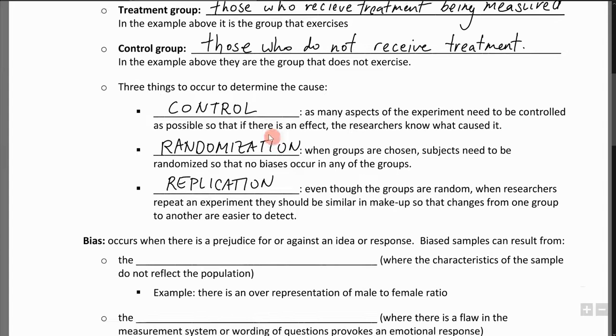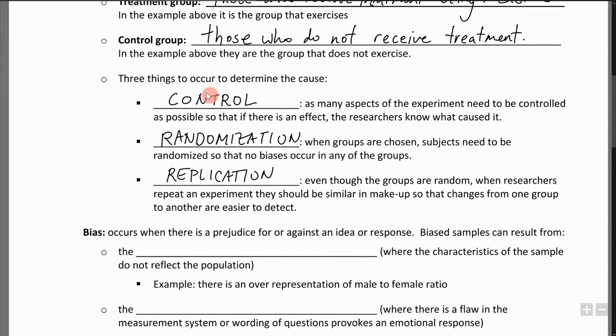Okay, so this has to do with the variables that you're using in your experiment. Randomization, when groups are chosen, subjects need to be randomized so that no biases occur in any of the groups. And replication, even though groups are random, when researchers repeat an experiment, they should be similar in makeup so that changes from one group to another are easier to detect.